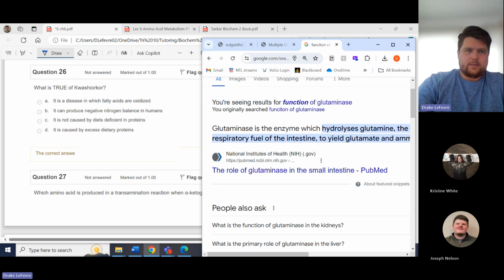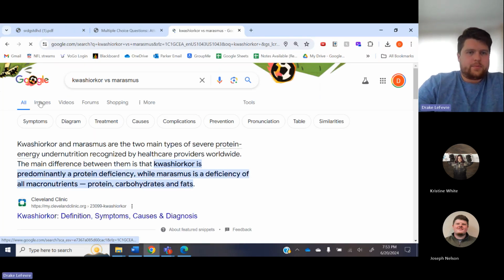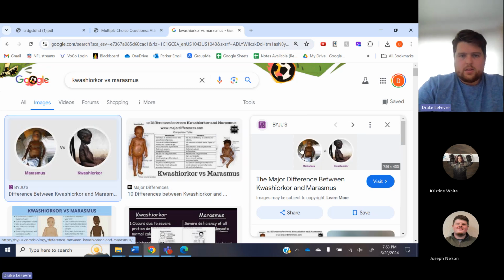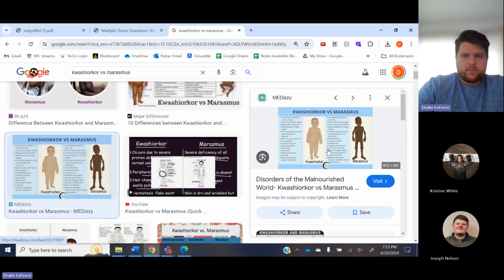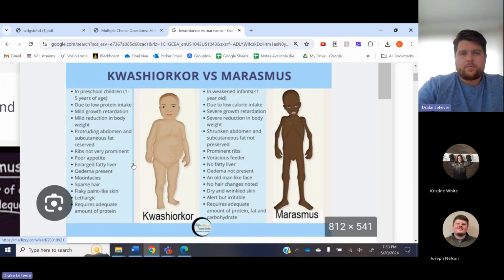And if we look at the difference between them, here is kwashiorkor. You can see the big extended puffy belly. That's because they don't have enough protein, so they can't produce the muscle and all the stuff that they need within their body, and they get an enlarged fatty liver.